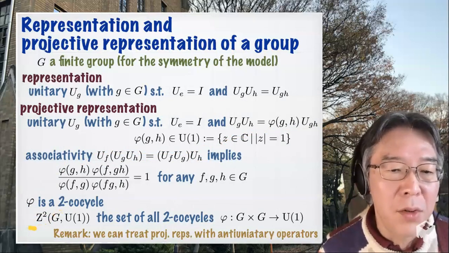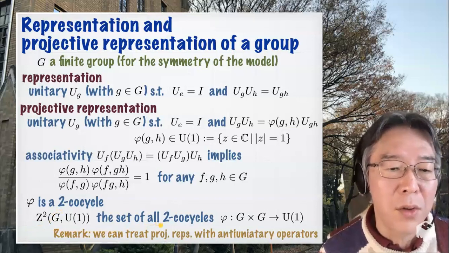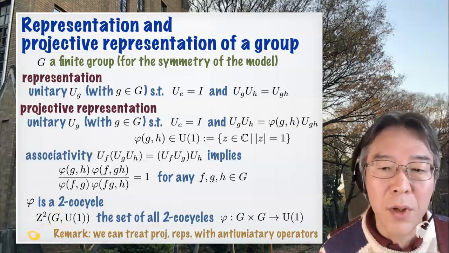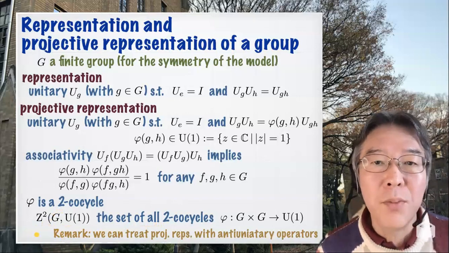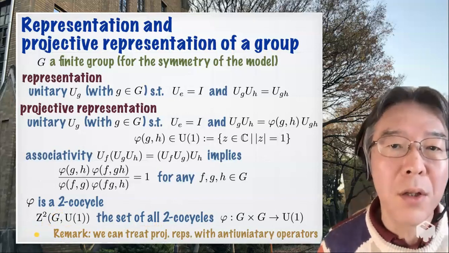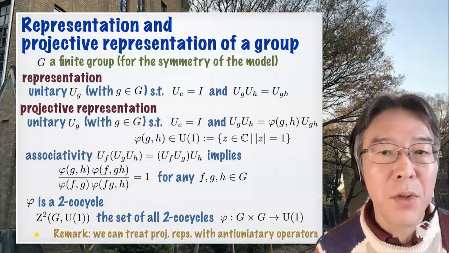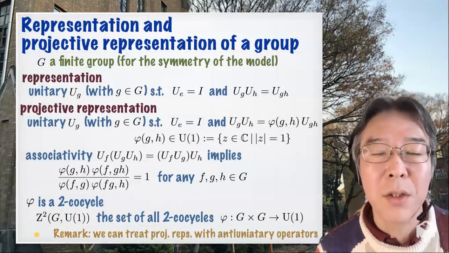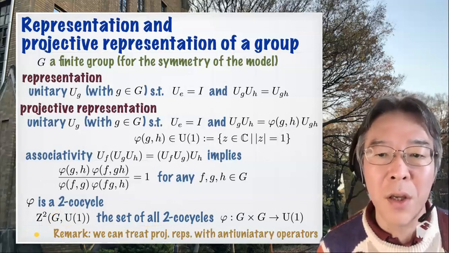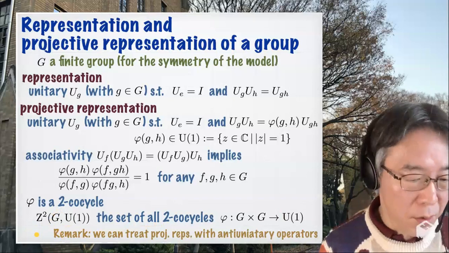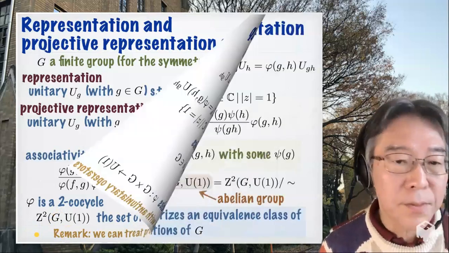By Z2, we denote the set of all 2-cocycles. Here's a remark for experts. For simplicity, I'm only talking about unitary representations and unitary projective representations, but we can treat anti-unitary projective representations, which are necessary for treating time reversal symmetry. But here I only talk about the unitary case.